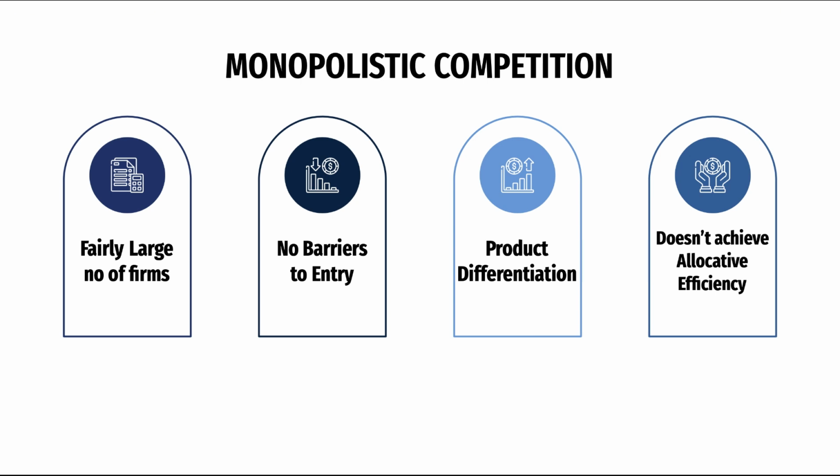So these firms are using product differentiation in that way. But because there's so many brands, and because it's still in the same category, like shoes, it's going to be difficult. It limits the degree of market power that can be controlled. And it doesn't achieve allocative efficiency, which we're going to discuss later.